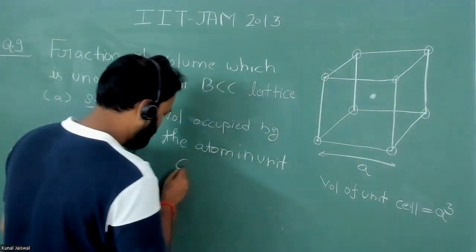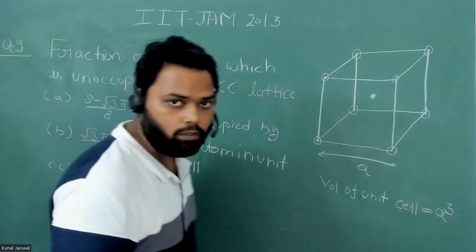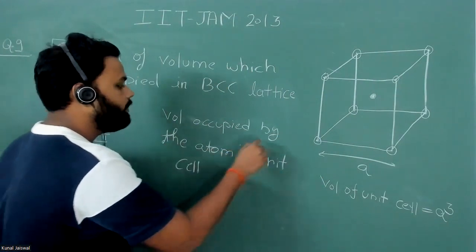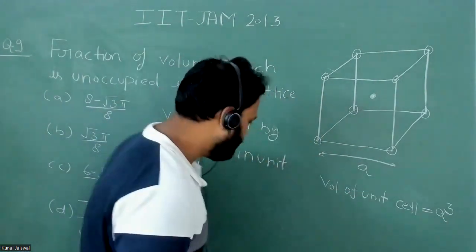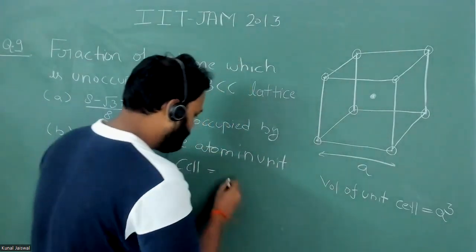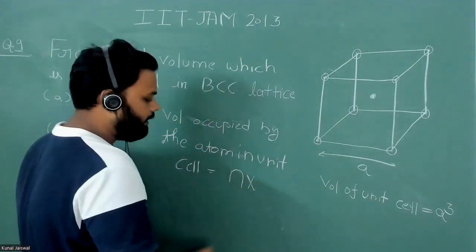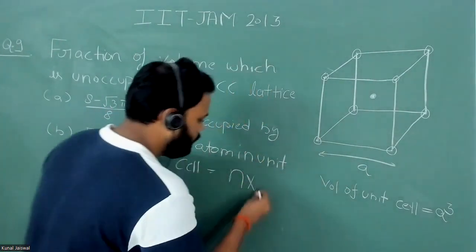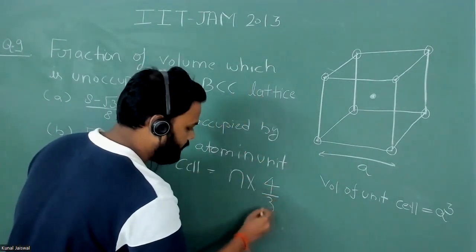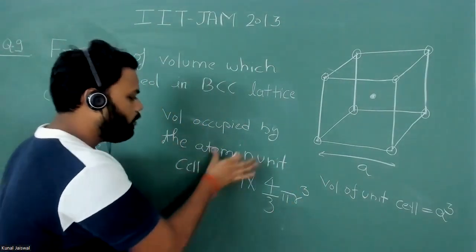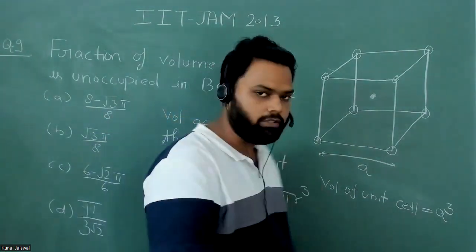Okay, if we have to find volume unoccupied, for that I'm first finding the volume which is occupied by the atoms in the unit cell. So let's suppose there are n number of atoms in the unit cell, and if we multiply this n with the volume of one atom, that is 4 by 3 pi r cube, then we will get the volume occupied by the atoms in the unit cell.